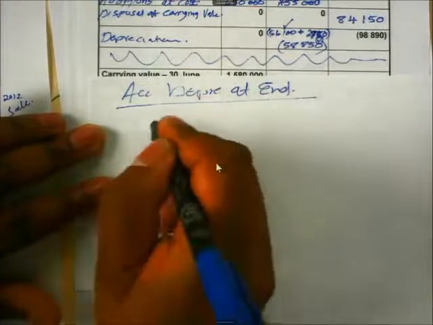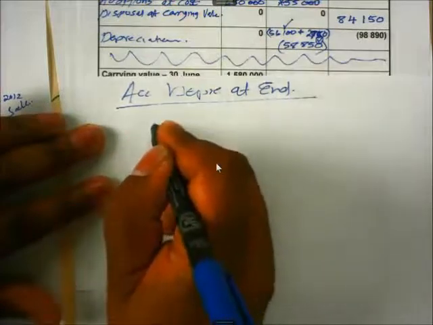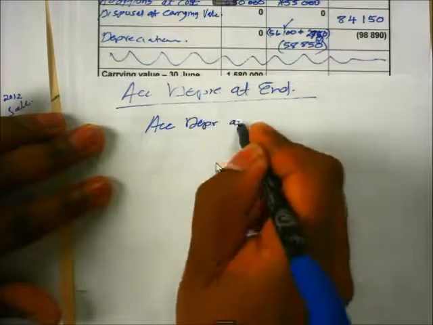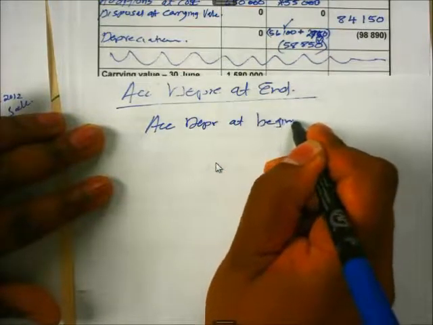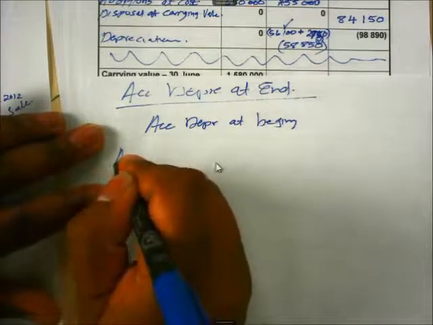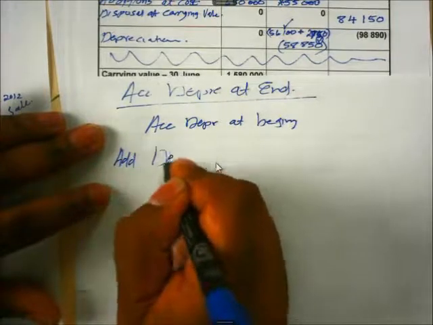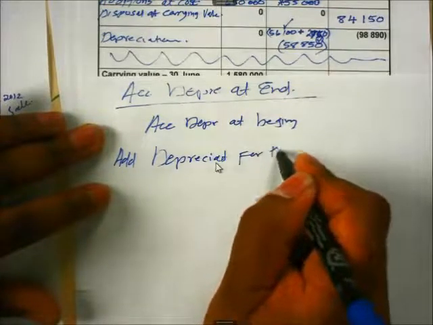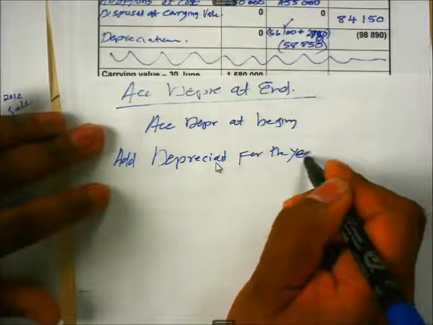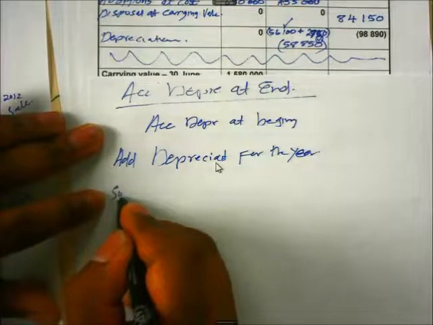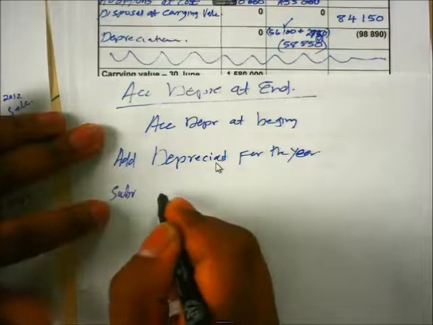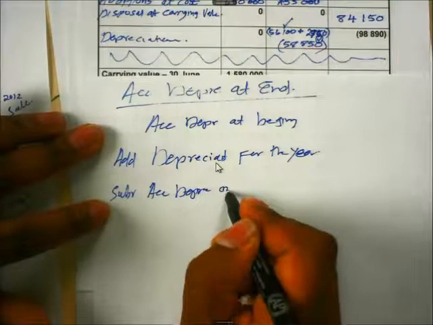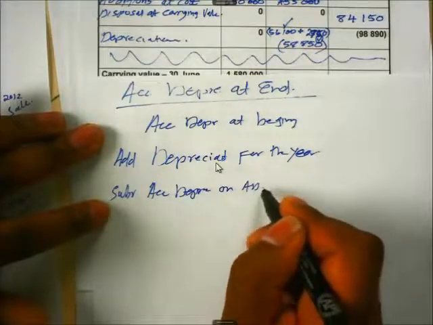How do you calculate it? It is accumulated depreciation at beginning. To this you add depreciation for the year, and then you subtract accumulated depreciation on asset sold.